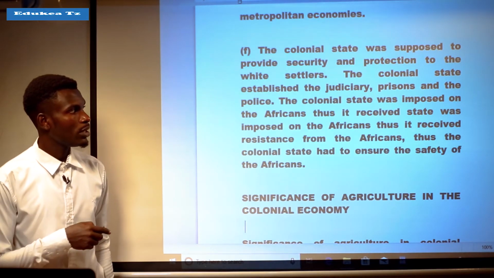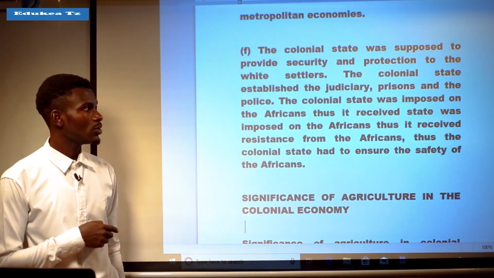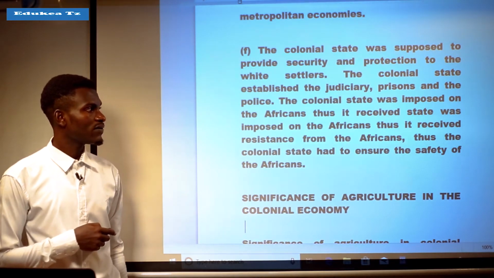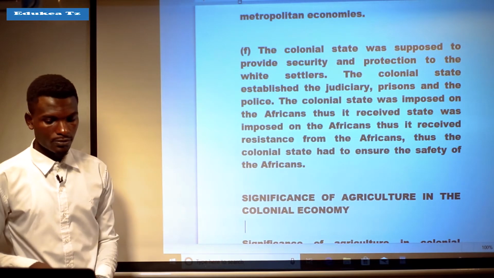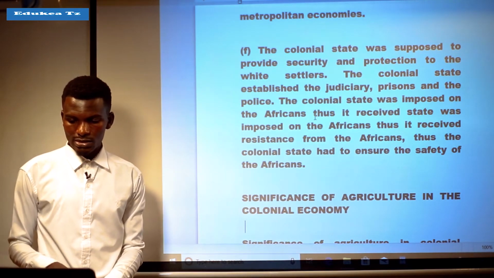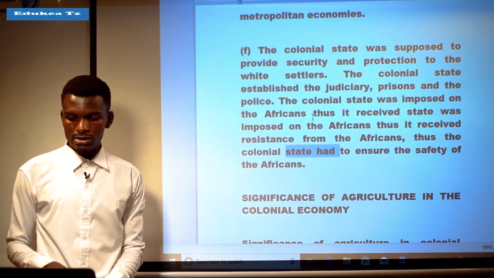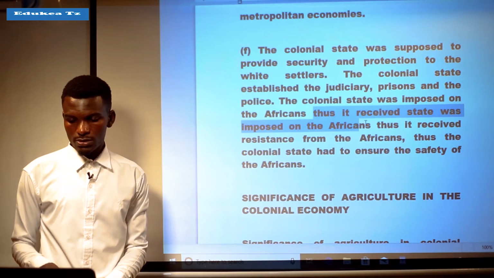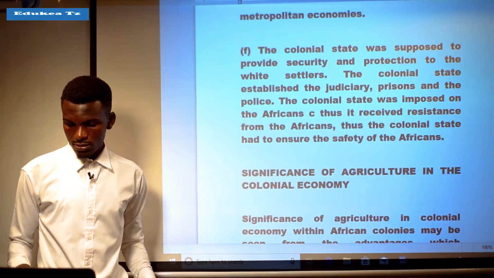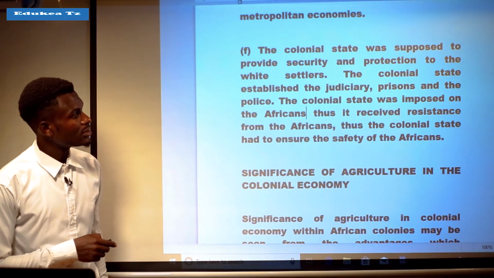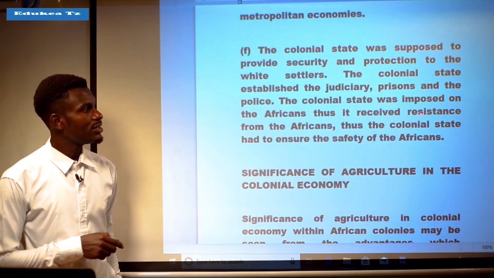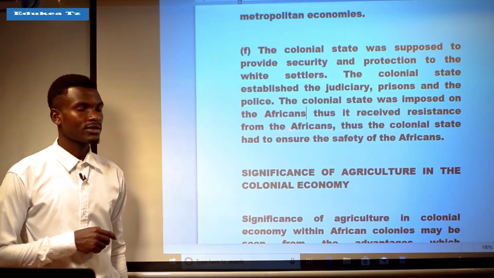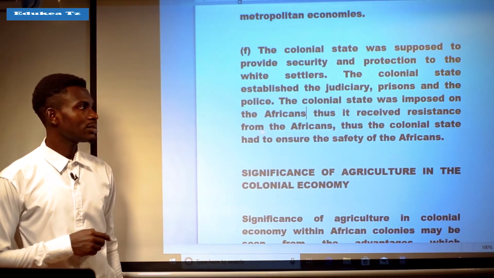The colonial state was imposed on the Africans, thus it received resistance from the Africans.